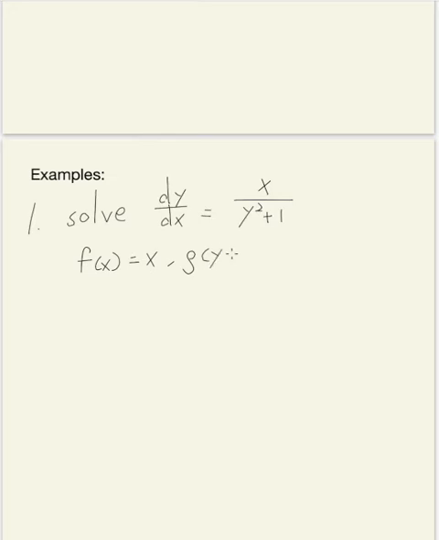Remember that g of y is not y squared plus 1, because the right hand side is supposed to be f of x times g of y, so g of y is 1 over y squared plus 1, and then you just apply the formula. The formula was the integral of 1 over g of y dy equals the integral of f of x dx.